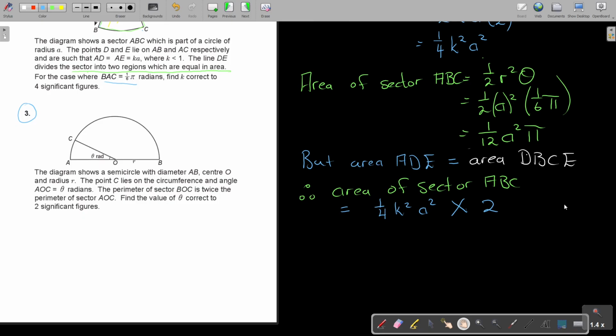So then I end up with a half a squared k squared.